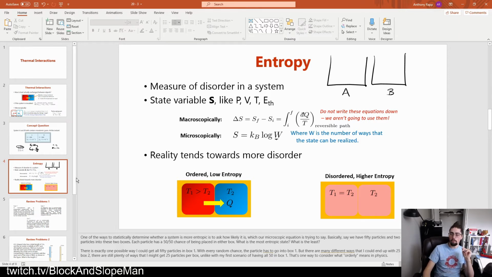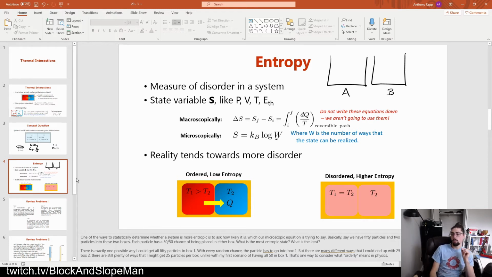So the entropy of system A would be a very low value because it would be k_B log of 1, right? W is literally the number of different orientations that could give us our result, the number of different pathways that could get us to that result. Whereas the 49-1 case has a much higher entropy because there are 50 different ways.